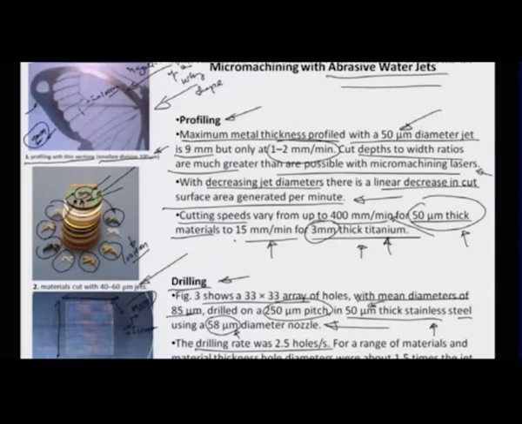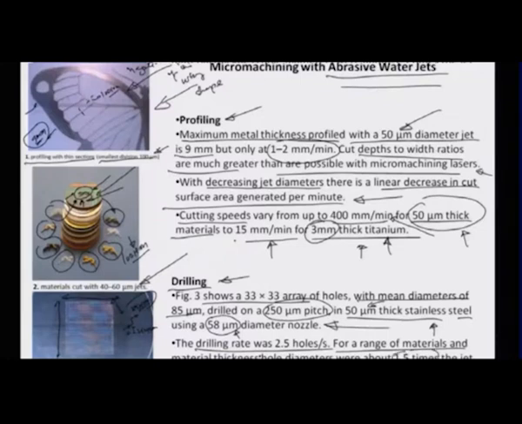For a range of materials and material thicknesses and hole diameters, the thickness to the hole diameter ratio, for the abrasive water jet machining process that is being used, is typically about 1.5 times the aspect ratio.